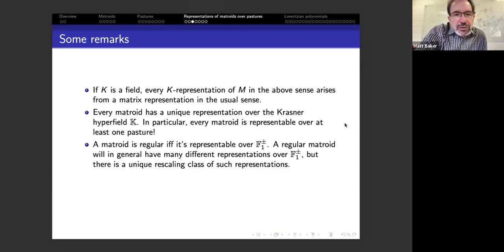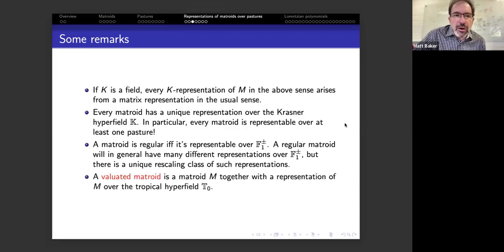Now, in general, a regular matroid can have many different representations, but they're all rescaling equivalent. So this is the well-known fact that all regular matroids are uniquely representable if you allow projective equivalence.